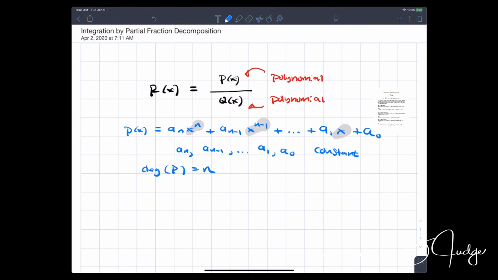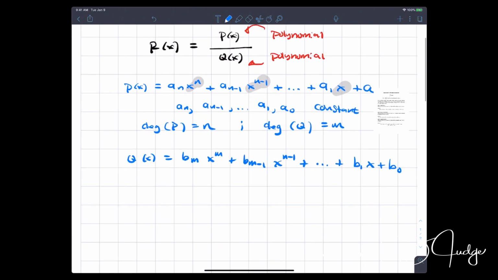Now, similarly, we can describe q this way, but the point is you have a degree of p, and you also have a degree of q, whatever that could be. Sometimes we just say that's m, because we can describe q of x as b_m x^m plus b_(m-1) x^(m-1) all the way down to b_1 x plus b_0.